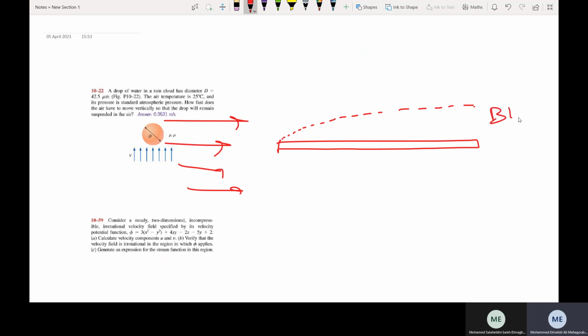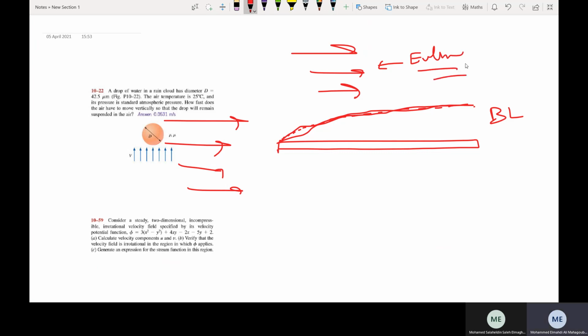Inside the boundary layer, the viscous forces are dominant. Outside of it, you can use the Euler equation, because we assume the viscous forces are very small. But inside the boundary layer, the viscous forces cannot be ignored.